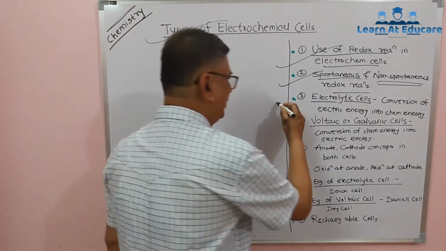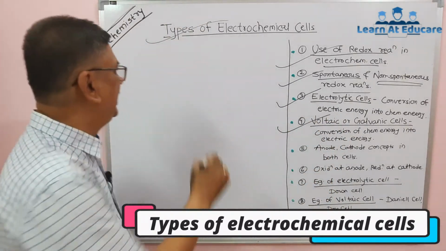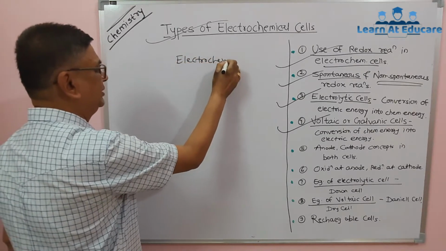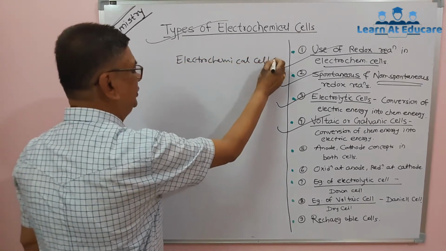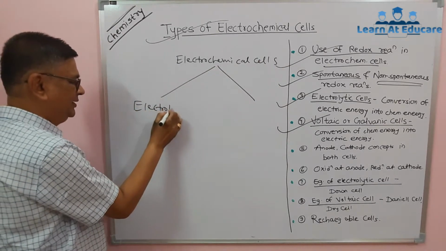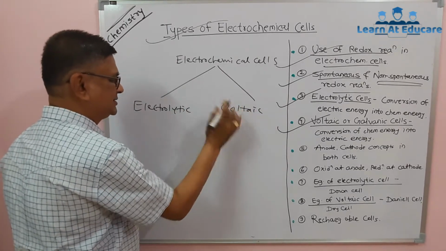Then there are two types of cells called electrolytic cells and voltaic cells. So electrochemical cells, as I am writing here, are classified into two types, called electrolytic cells and voltaic or galvanic cells.